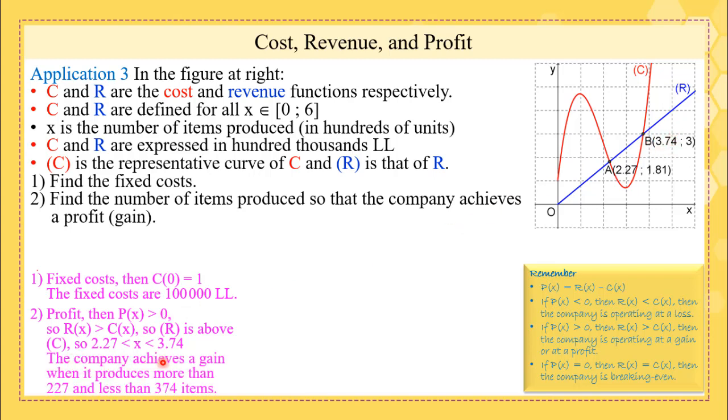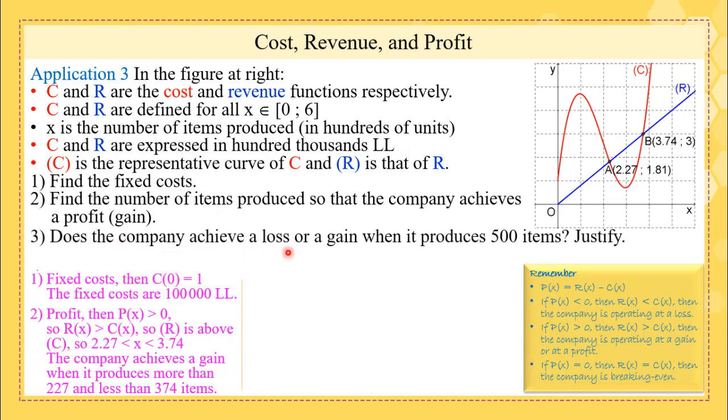Therefore, the company achieves a gain when it produces more than 227 and less than 374 items. And here we answered the question by multiplying the bounded values of x, 2.27 and 3.74, by 100, which is the unit of x.